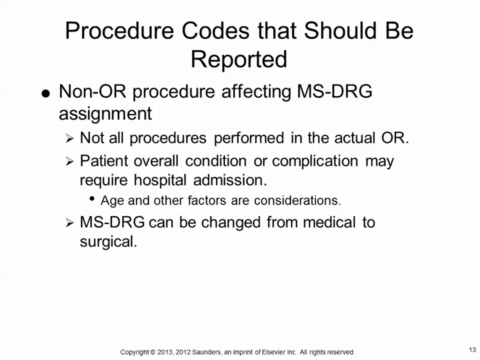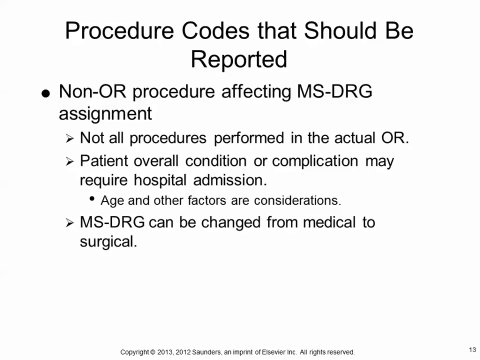Let's say you have an OR procedure that you would typically do outpatient or maybe not in an OR. Could be a cath lab, could be interventional radiology, nuclear medicine, all right? You may admit the patient following the procedure, and some of those factors might be age, young and old, both.